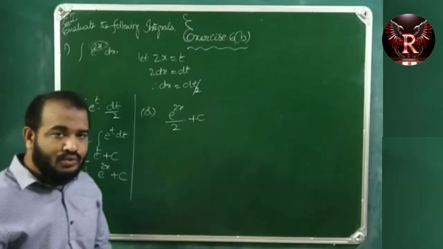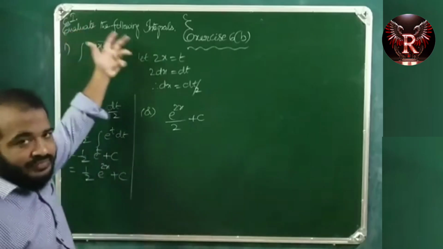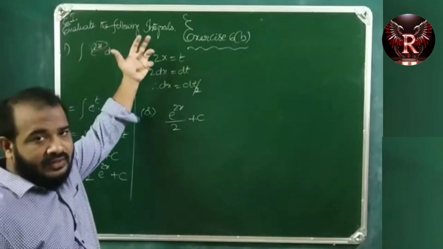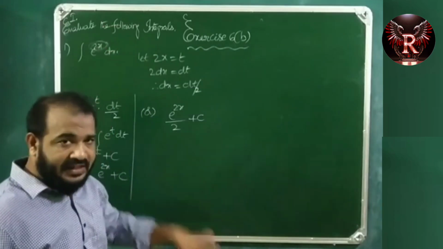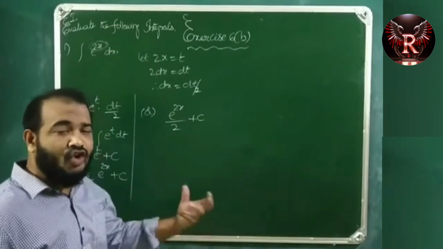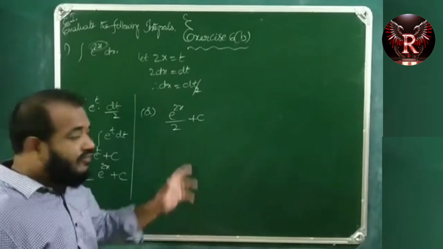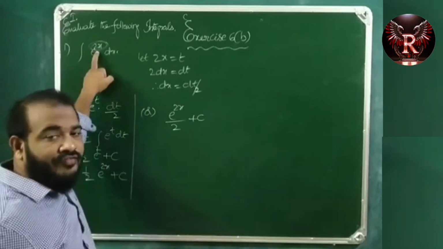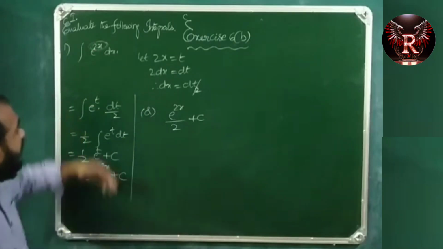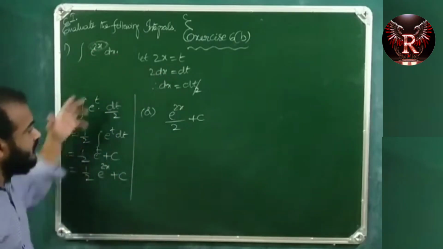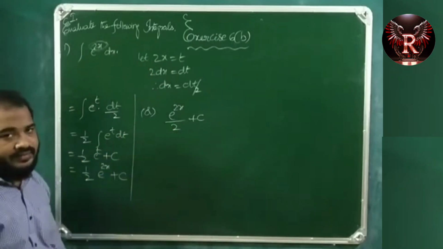We used to do, first actually, we used to take 2x is equals to something in differentiation, and whatever we have taken before we need to differentiate it. But here since differentiation and integration are opposite processes, reversal processes, instead of into d by dx of 2x we need to divide by d by dx of 2x, which is 2 simply. So all this process need not be done, so directly we can get it.